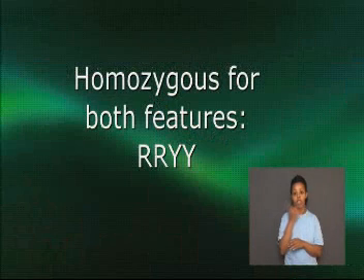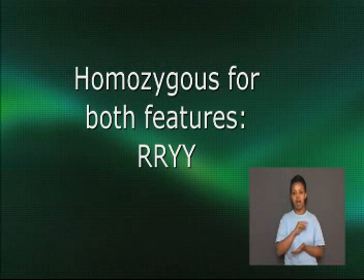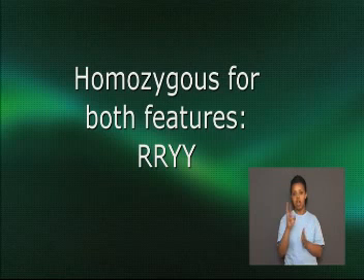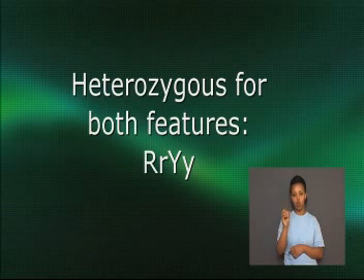As we have learned, there are clearly more possibilities when we are dealing with dihybrid crosses than with monohybrid crosses. To review, the offspring may be homozygous for both features, which is represented by RRYY. The offspring can be heterozygous for both features, which is represented by RrYy.